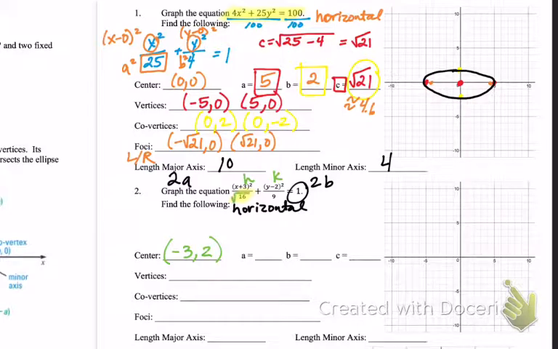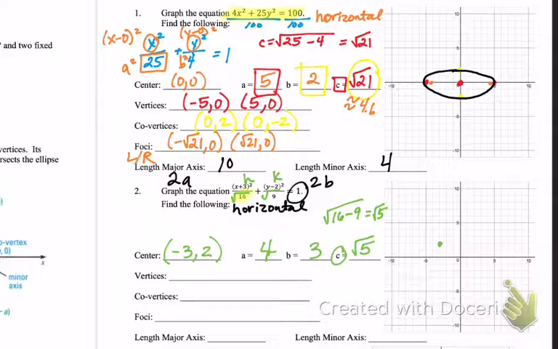A is the square root of A squared, so 4. B is the square root of 9, which would be 3. And to find C, I'm going to take the square root of 16 minus 9, which you get square root of 5. So my vertices, if I plot my center at negative 3, positive 2, to find my vertices, what I do is I go to the right and the left 4.